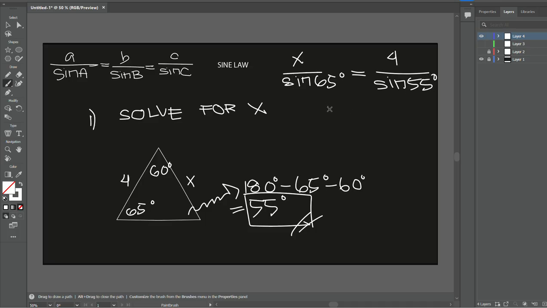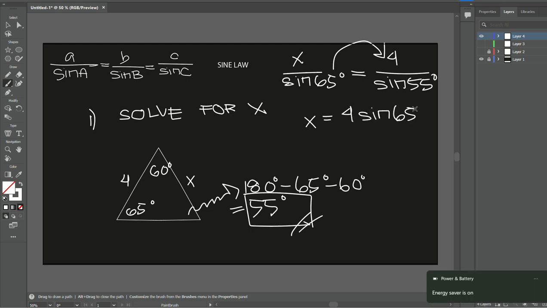Now once you have that, we are going to transpose this to here, as some professors call it cross multiply. Sine 55. Let me just get my calculator.